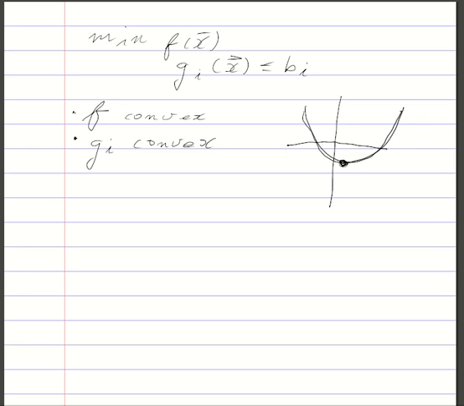For instance, we know that all linear functions are convex, and very often the constraints we encounter are linear. Quadratic functions are also convex as long as the leading coefficient is positive.